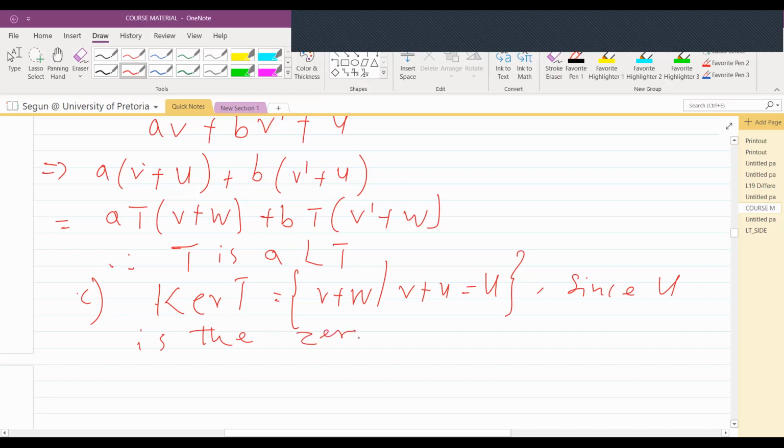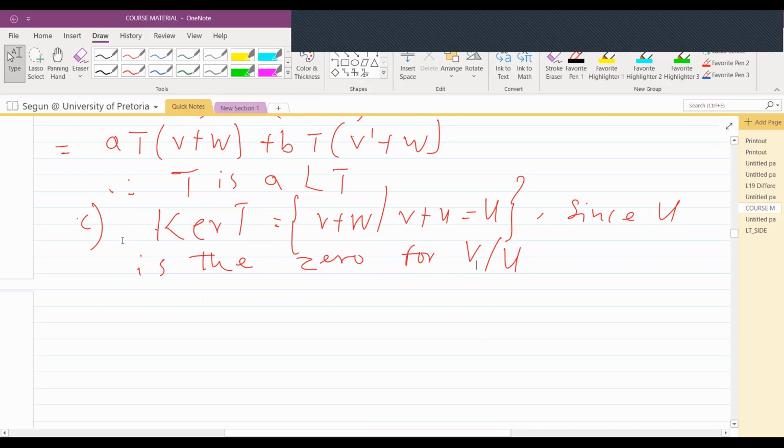Remember the definition of the kernel of T for V over U. So I think we can solve it, or I should just write the last line that says V plus W such that small v belongs to U, which is the same thing as U over W.